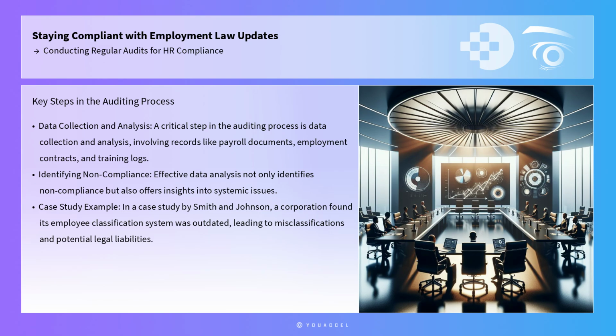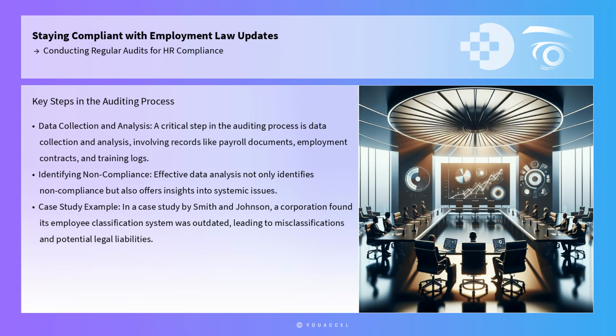A critical step in the auditing process is data collection and analysis. This involves gathering pertinent records, such as payroll documents, employment contracts, and training logs, which provide evidence of compliance or highlight discrepancies. Effective data analysis not only identifies non-compliance, but also offers insights into systemic issues that may require policy adjustments.